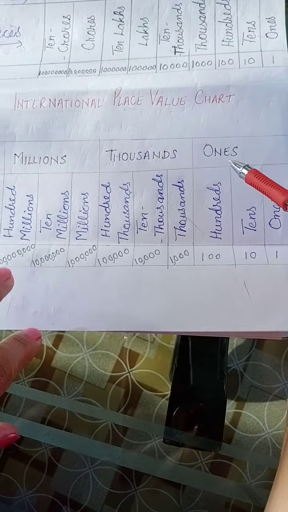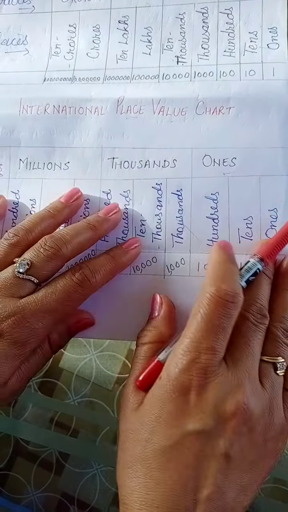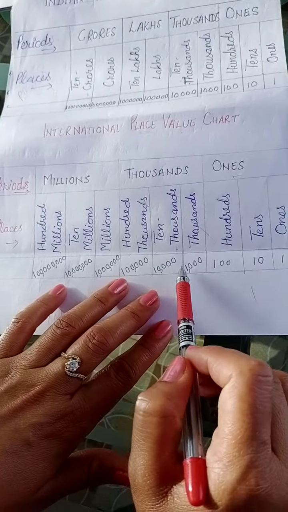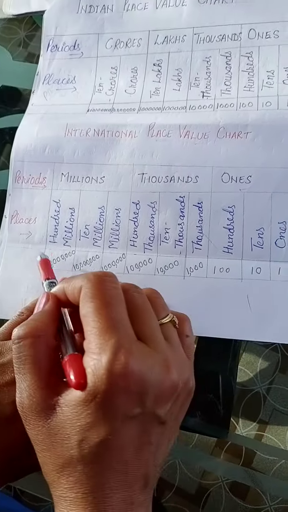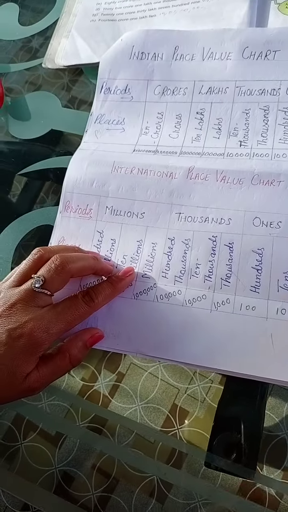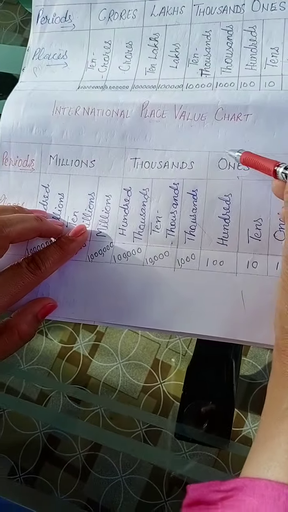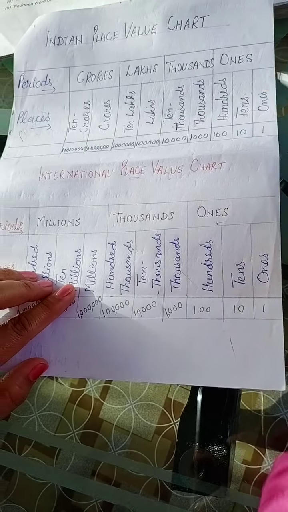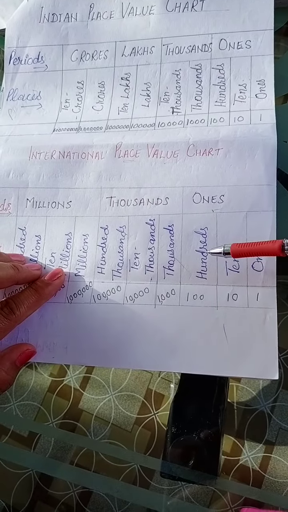Okay, let us start. Ones. This is again for a 9-digit number. 1, 2, 3, 4, 5, 6, 7, 8, 9. First period is the ones period. This is similar to the Indian place value chart. Ones, tens, hundreds.